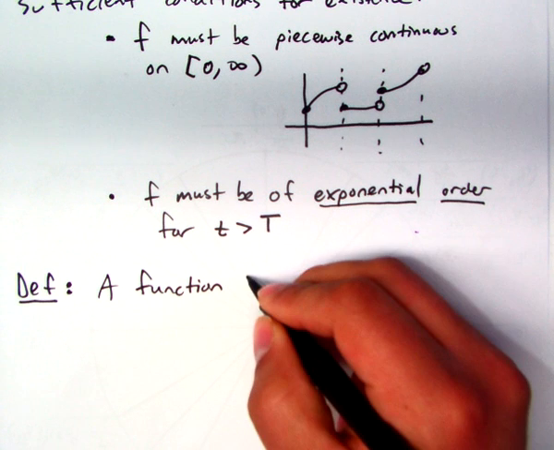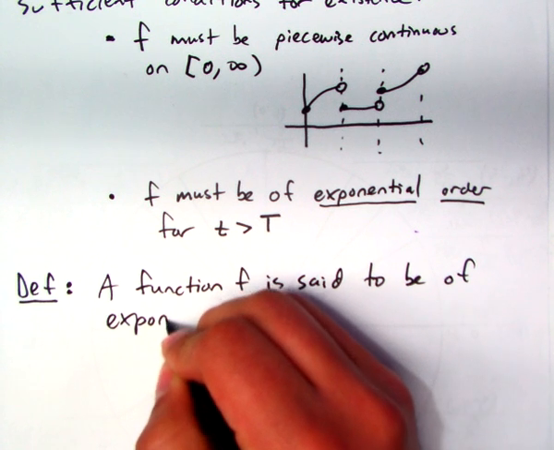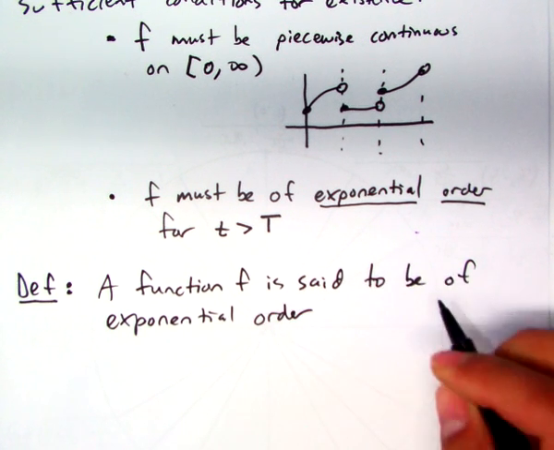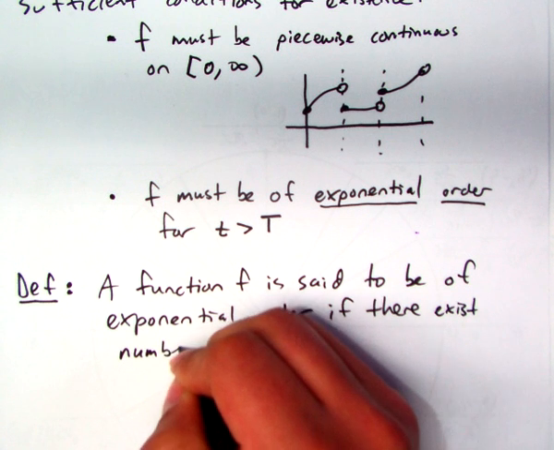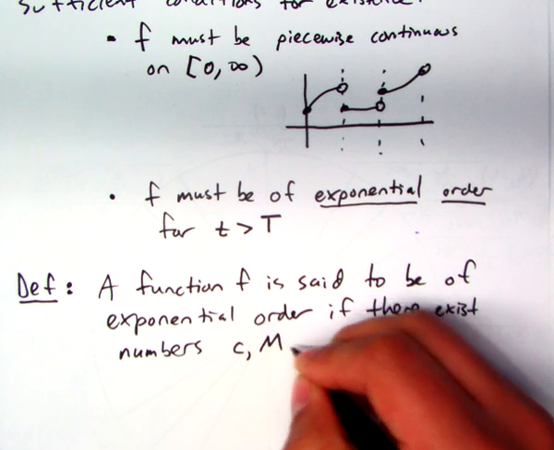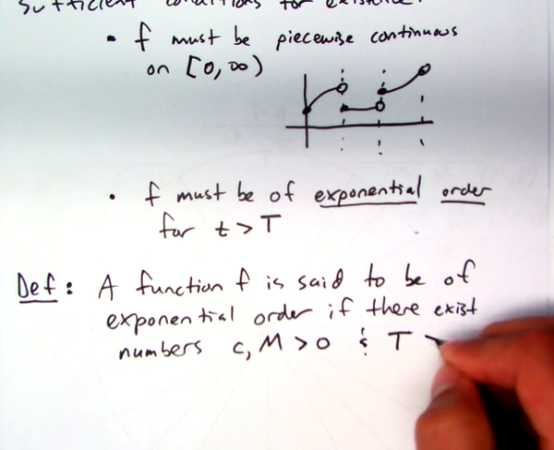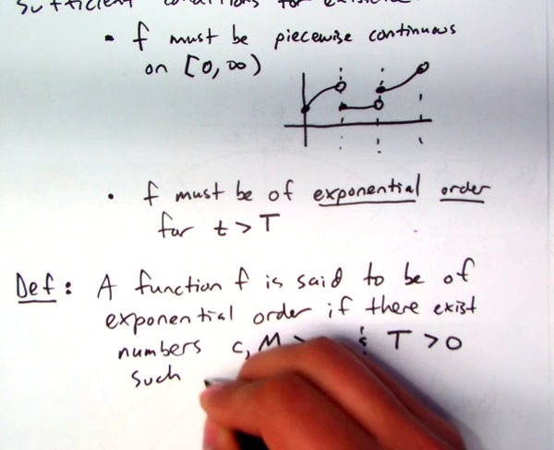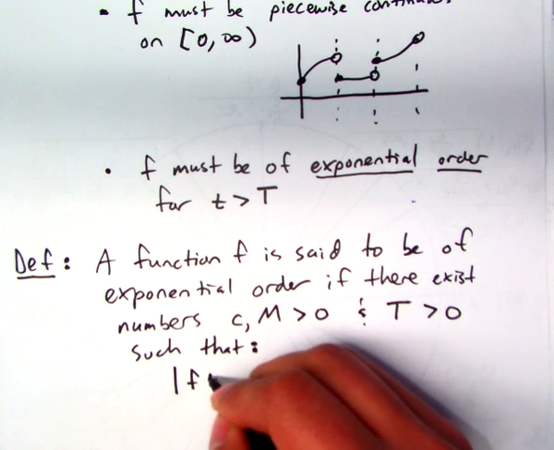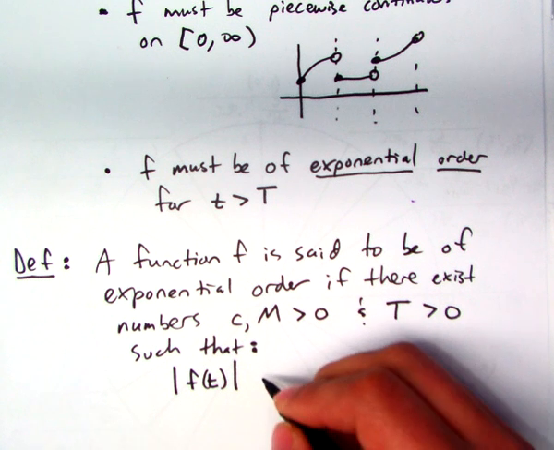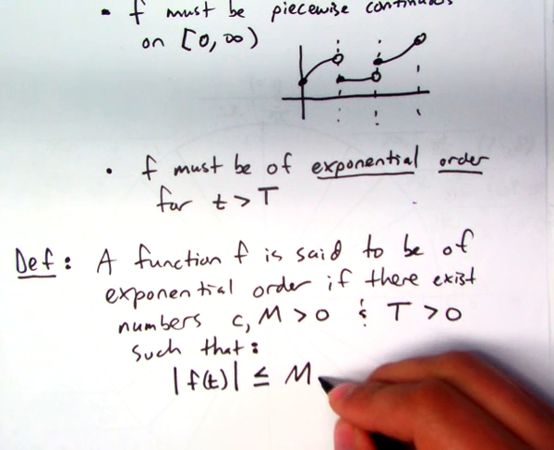A function f is said to be of exponential order if there exist numbers, we'll say little c and big M, both greater than 0, and a T greater than 0, such that if we were to take the absolute value of the function that we are taking the Laplace transform of, at some point it will always be less than an exponential function, say M e to the ct.